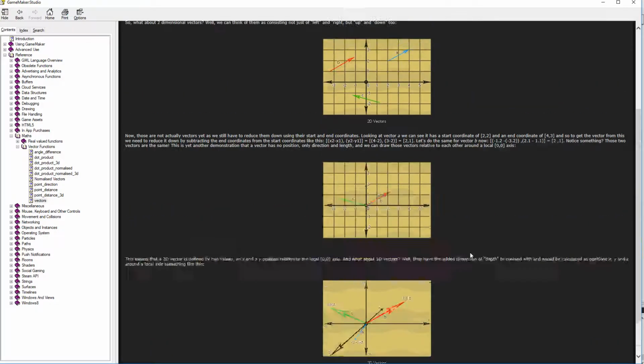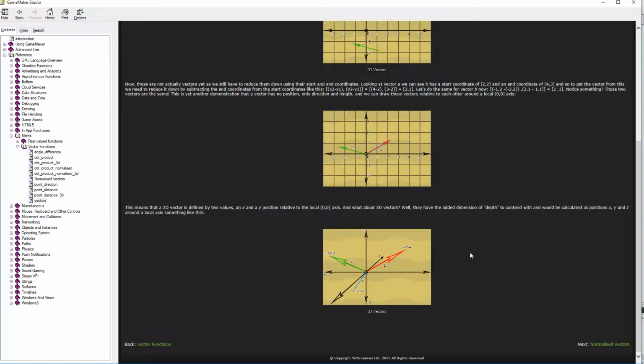This means that a vector is defined by two values, an x and a y position relative to the local 0, 0 axes. And what about 3D vectors? Well, they have this added dimension of depth to contend with, and should be calculated as positions x, y, and z around a local axes, something like this.